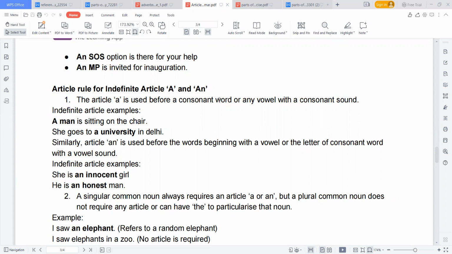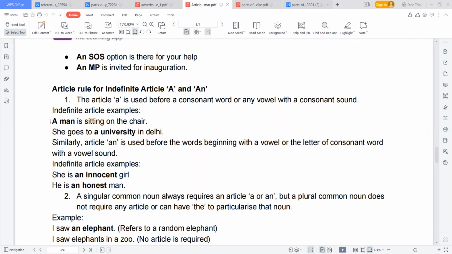A is used before a consonant word. Consonant words are all letters apart from the vowels, like B, C, D, H, G. Or any vowel with a consonant sound, like university.